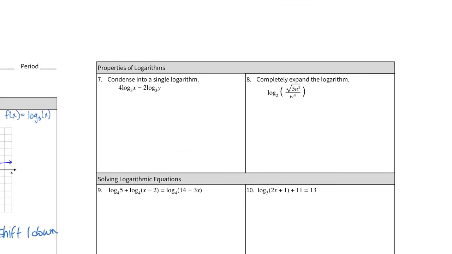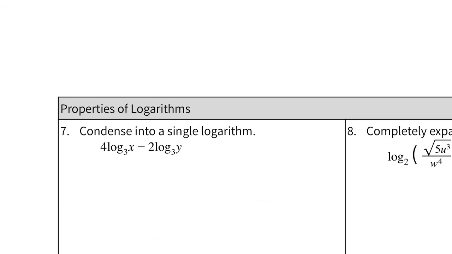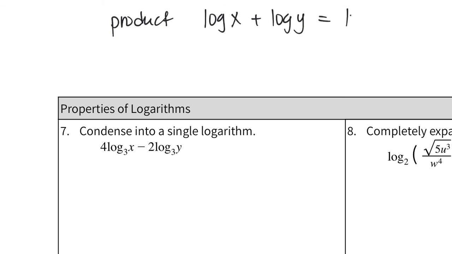Okay. For these, we are going to condense and expand the logarithm. So there's 3 properties that you really need to know. Product property. So when you are adding 2 things that are log, when you combine them, you could just multiply. There's quotient.